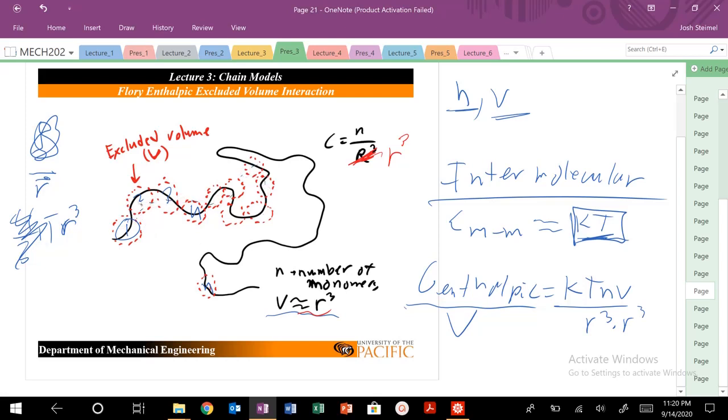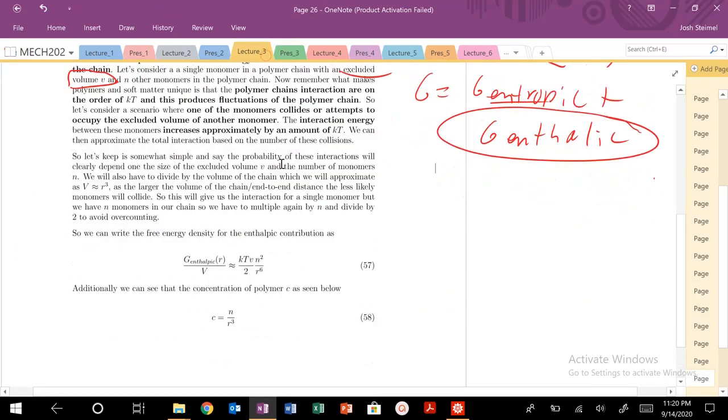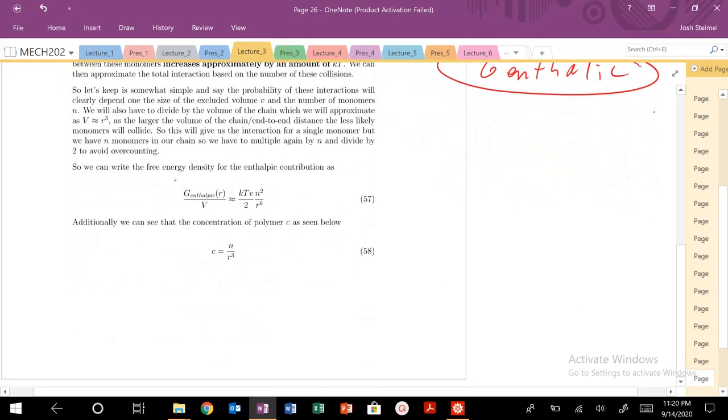But this monomer can also interact with this monomer and this monomer, so I need to multiply this again by n. And then to avoid overcounting, in order to not count this interaction twice, I have to divide by 2. So in the end, I get an expression that looks like this for my energy density enthalpic contribution.